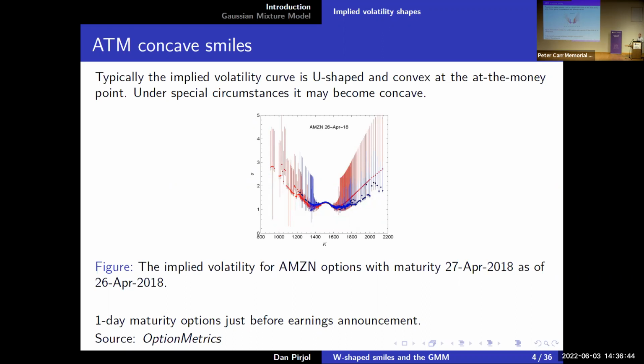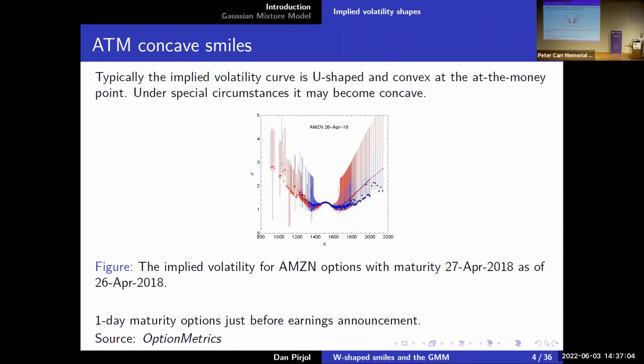This is an extreme case, discussed in a blog post on Vola Dynamics as the most interesting vol surface in the world. This is options on Amazon with 1 day maturity, just before market close and before earnings announcements.